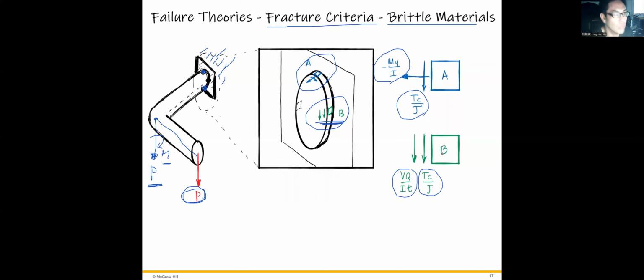However, if your concept of stress is wrong, your design is a catastrophic disaster.